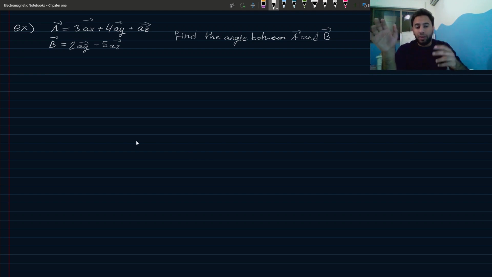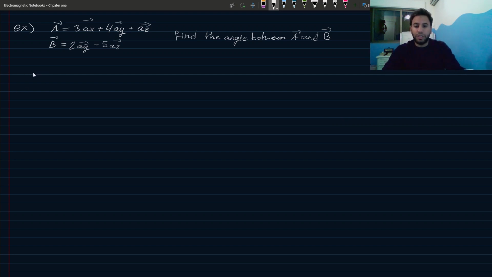From what we have learned in the last video, if you recall correctly, there are two equations that involve the angle between two vectors in them.